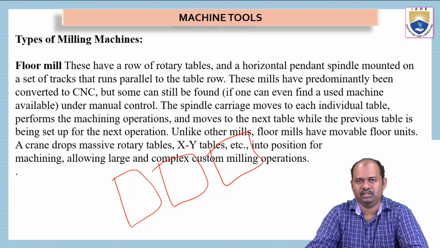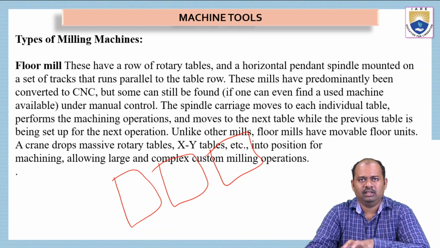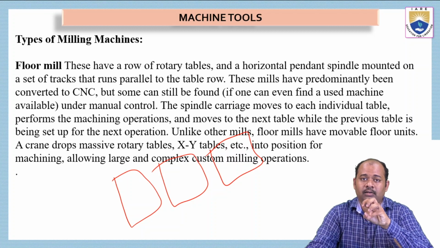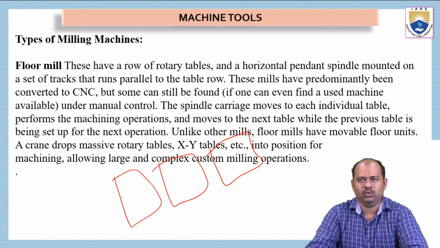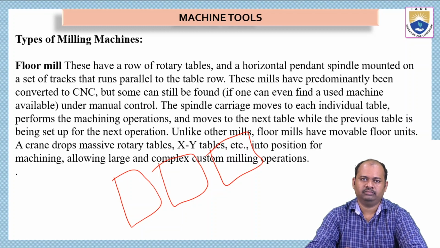So we can use the floor mill for mass production. We can manufacture more products on the same machine, because we have multiple tables and the cutting tool can move across them.